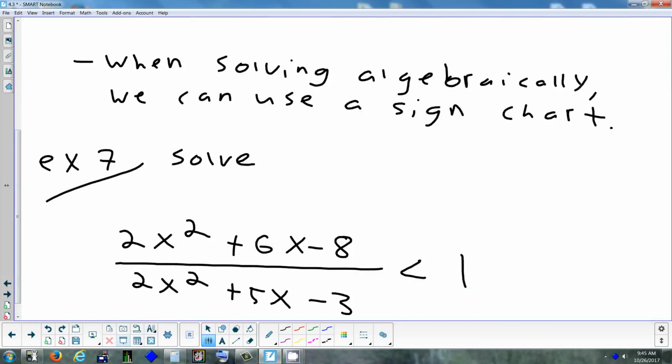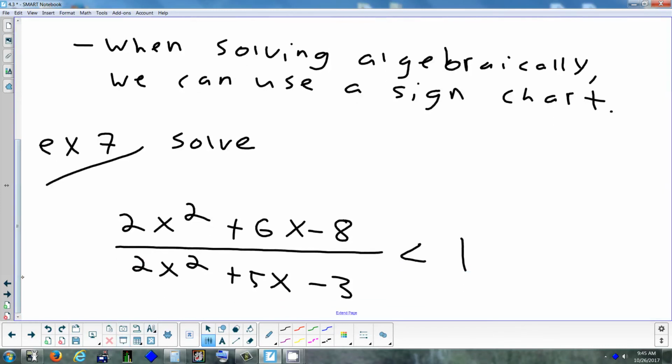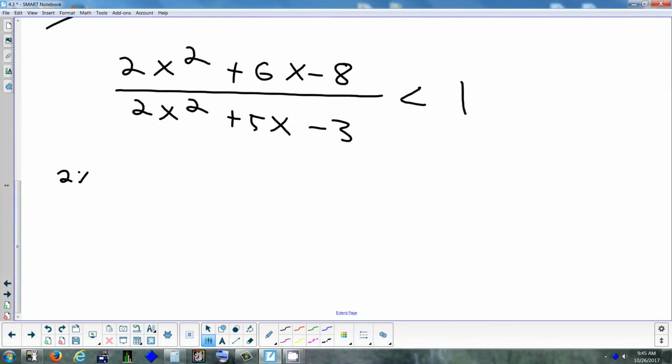Now I can't multiply both sides by 2x squared plus 5x minus 3 to get rid of the fraction, because I don't know if that's negative. Could be if you pick the right value for x. So the only way I can do it is to get 0 on one side, everything else on the other. All right, so let's leave all this where it is.